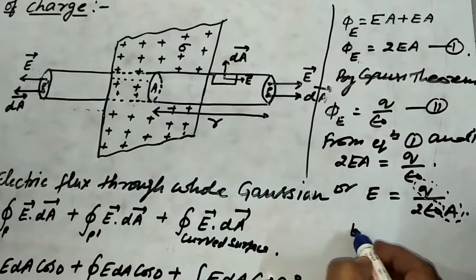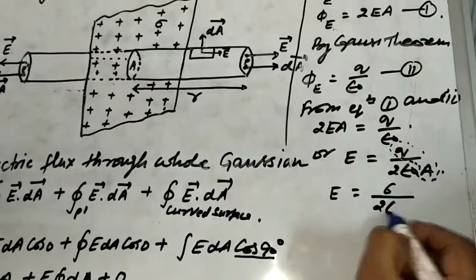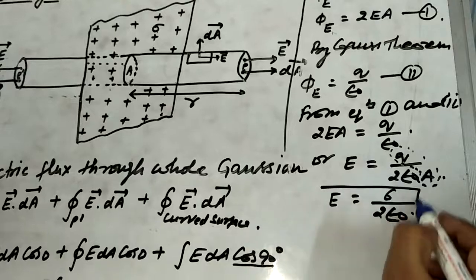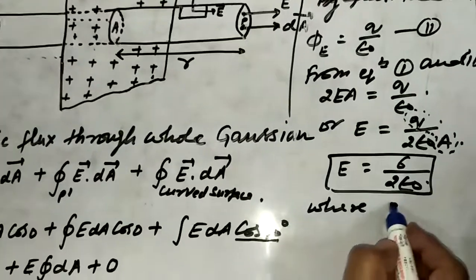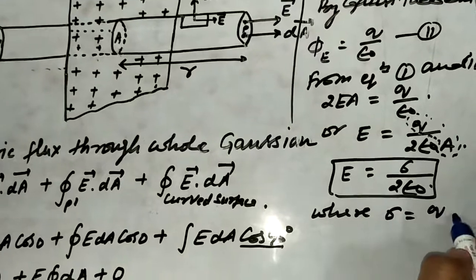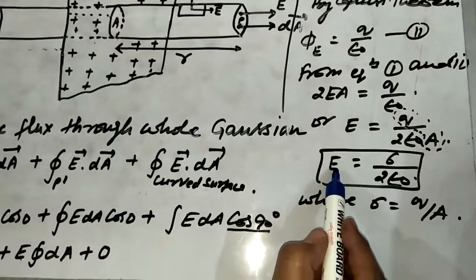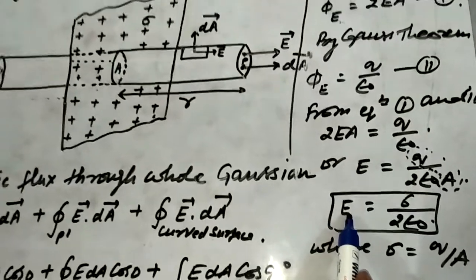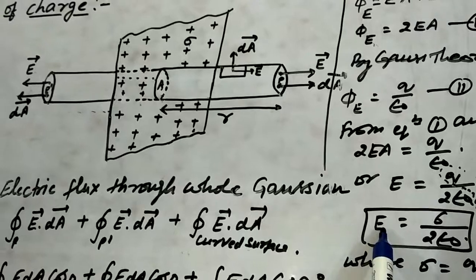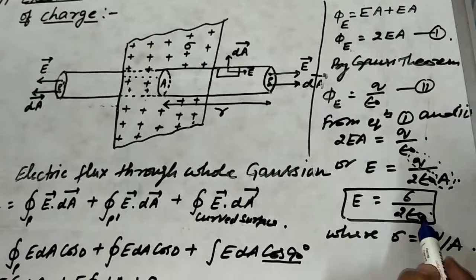So you can write E is equal to sigma upon 2 epsilon naught, where sigma is equal to Q upon A. So dear student, the electric field due to an infinite plane sheet of charge at distance r from it is equal to sigma upon 2 epsilon naught.